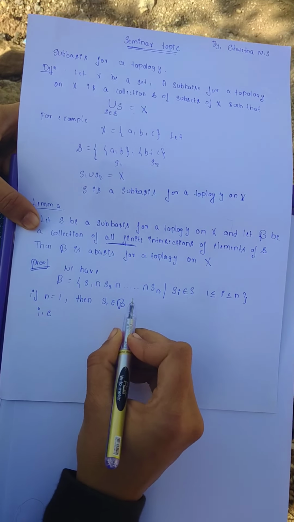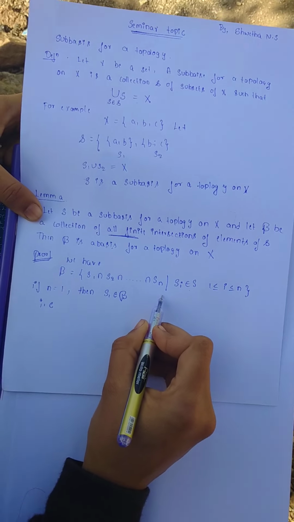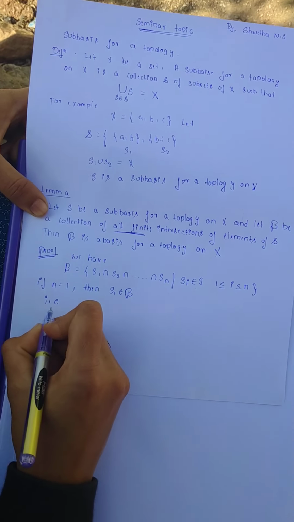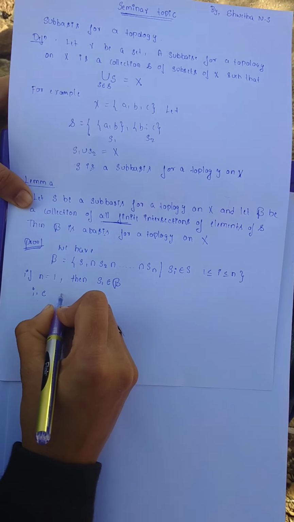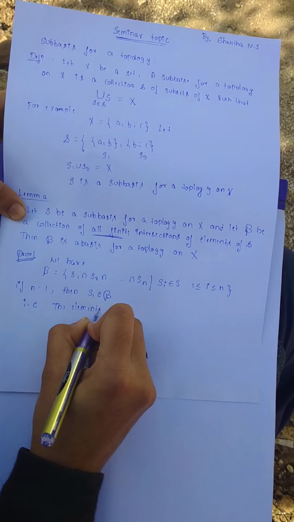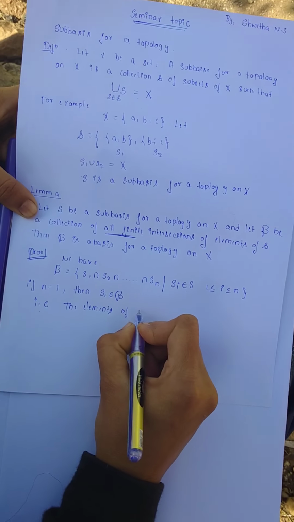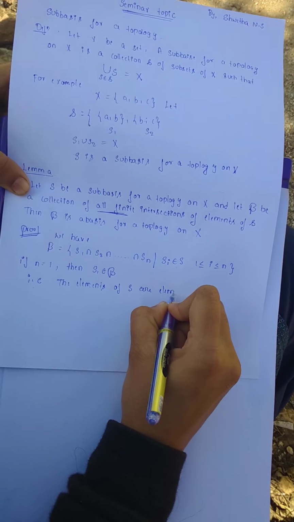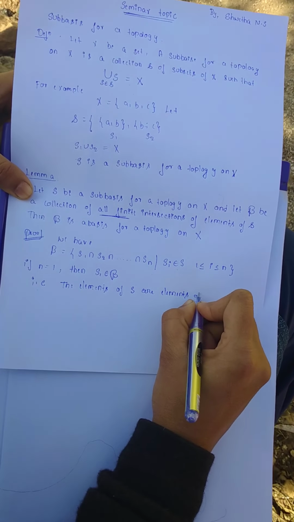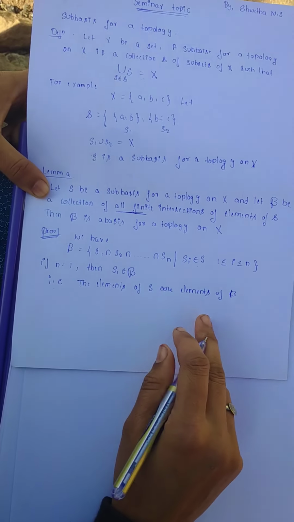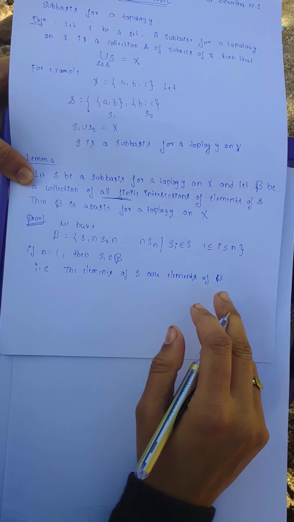It has to be viewed as a finite intersection of elements of S. Therefore, it is an element of B. Therefore, the elements of S are elements of B. That is the first point to be noted.